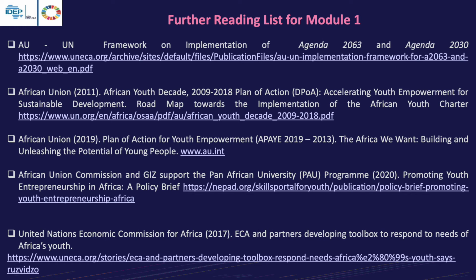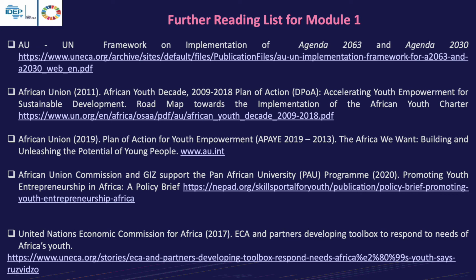Also look at the GIZ policy brief by the African Union Commission and GIZ to understand how the skills portal for youth operates, and the UNECA's 2017 Toolbox that I mentioned. This will be like your guide through this.